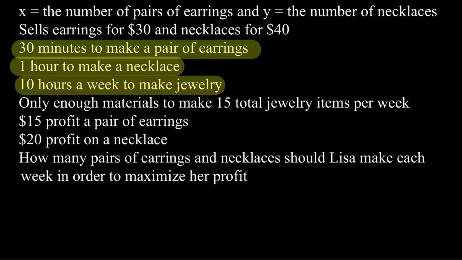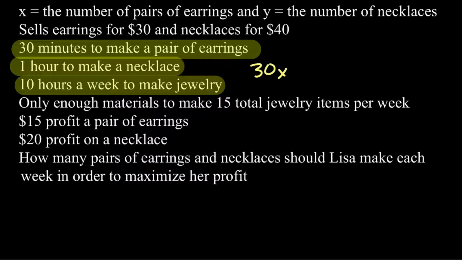So what we can think of is that she has 30 times X. However many earrings she decides to make in a week, you have to multiply it by 30, and that will give you the amount of minutes it takes to make pairs of earrings.